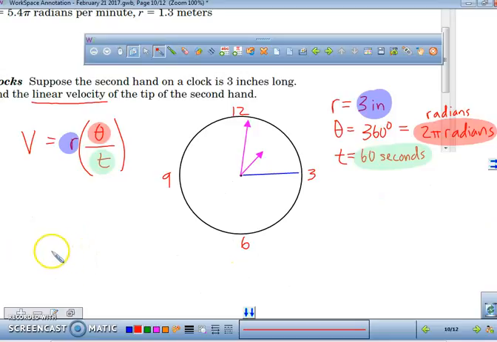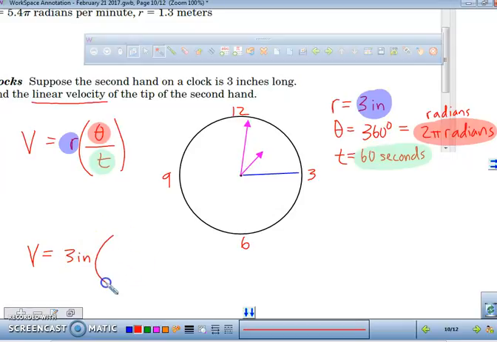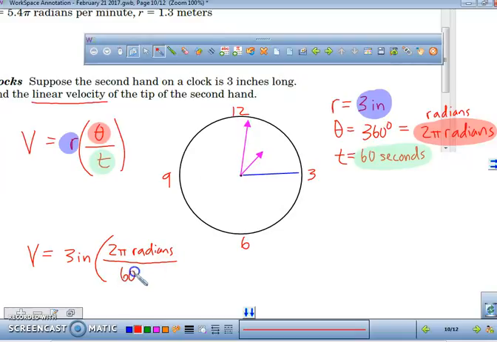Right here, the linear velocity is equal. Don't just type it in the calculator, write it down on your paper. Put 3 inches, here put 2 pi radians over 60 seconds. So 2 pi radians in 60 seconds.